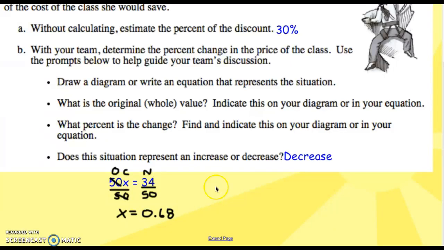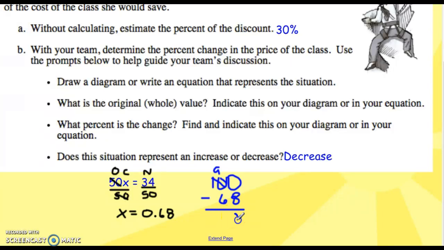So this 0.68 is the amount she is paying. So the amount she would save would be the opposite. So I'm going to take 100% and subtract out the 68% she still has to pay to find out how much she would save.